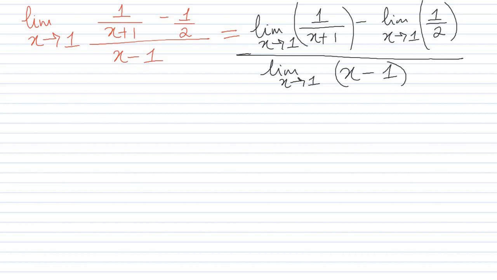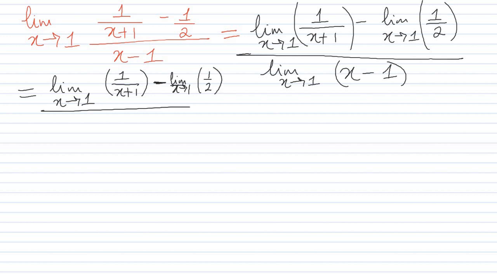Well, we can go ahead to expand the denominator. So you have limit as x goes to 1 of 1 over x plus 1, minus limit as x goes to 1 of 1 half, all of that divided by the limit as x goes to 1 of x minus the limit as x goes to 1 of 1, right?